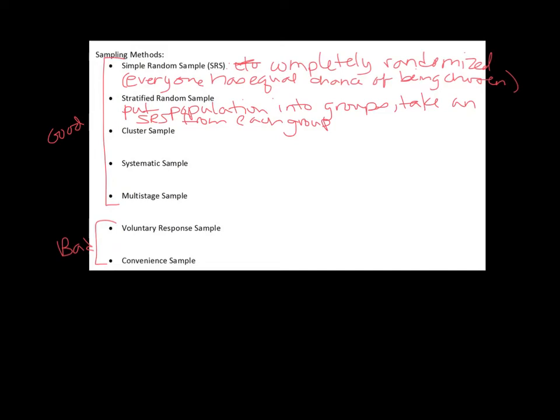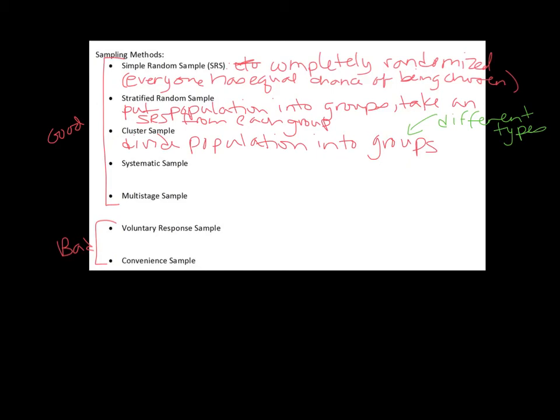A cluster sample is going to be where you divide the population into smaller groups, and the difference between each of these types of groups is that with a cluster sample, we want groups to have many different types of people or things.